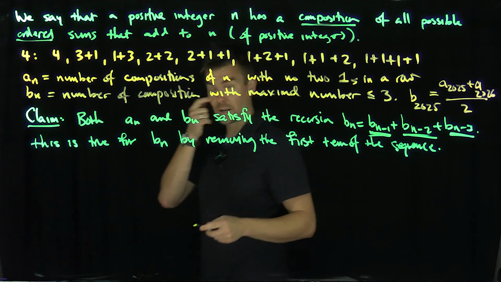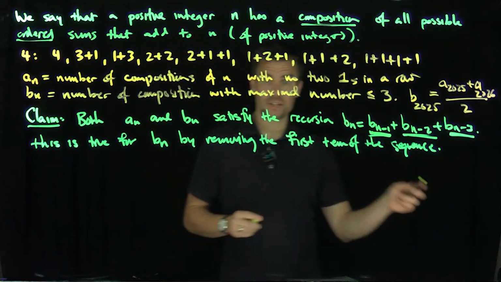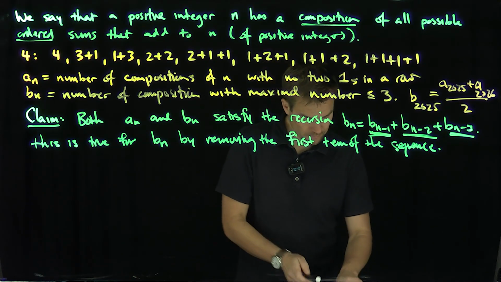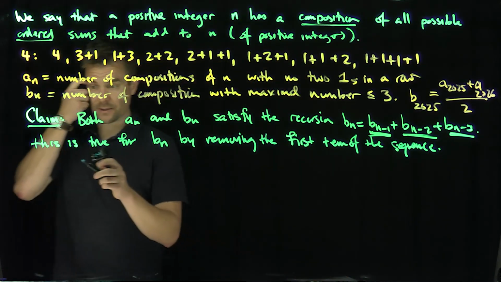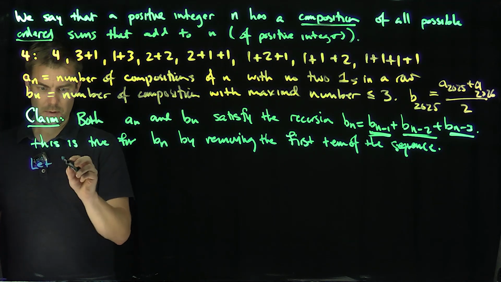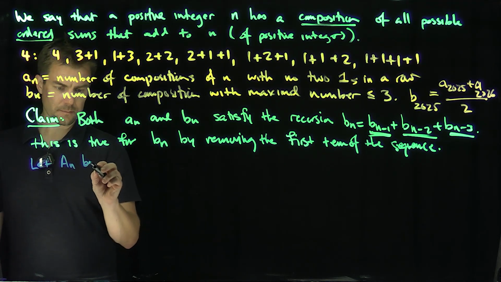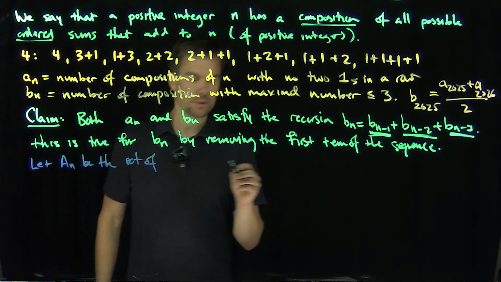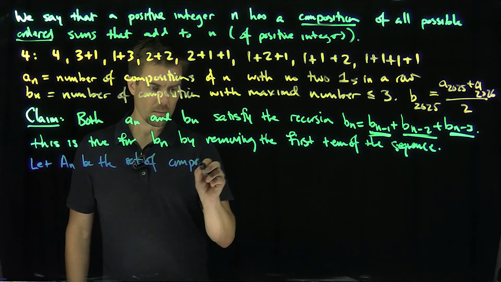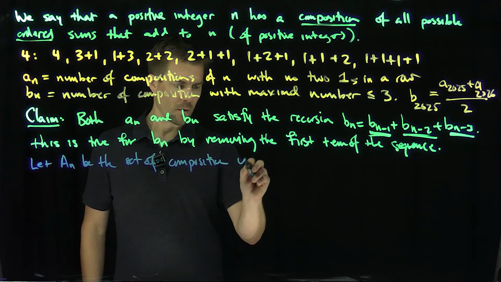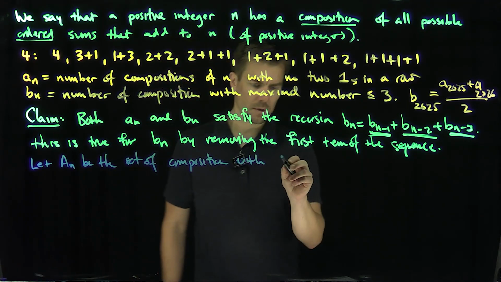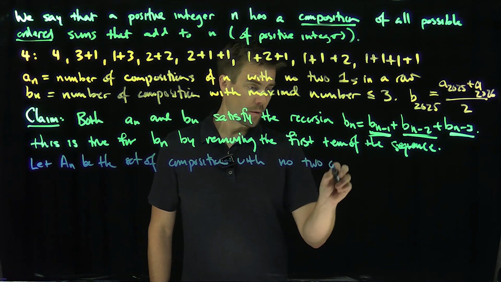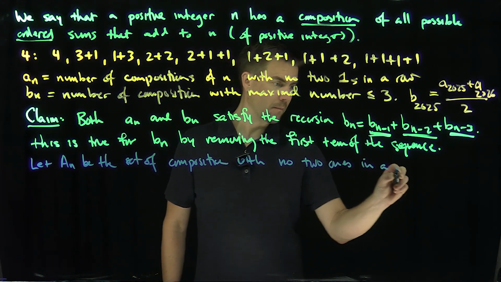So if that satisfies that recursion, how do we get this same situation for the a_n, right? So with a_n, what you could do is the following. Let a_n be the set of compositions with no 2 ones in a row.